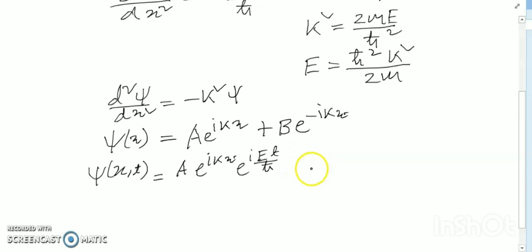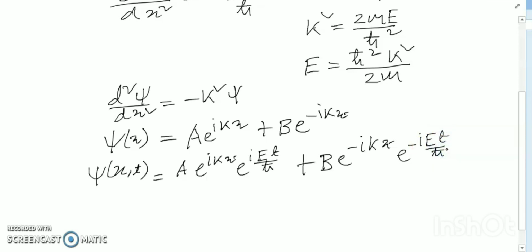Okay, so plus b, which is b times e to the power ikx, and e to the power minus iEt divided by h bar.